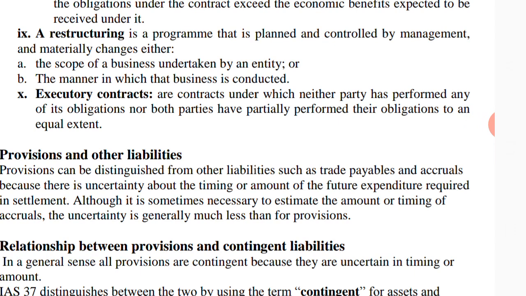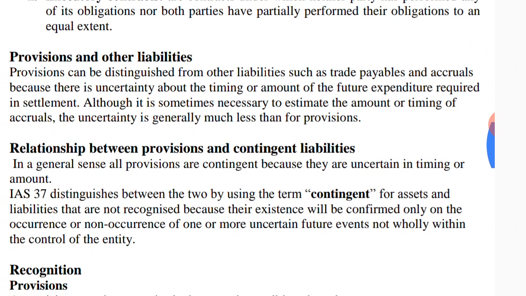So it's as if there is no contract between both parties. That is an executory contract, or a contract in which both parties have contributed an equal obligation, so they performed equal obligations on their part. So that means that contract is an executory contract.